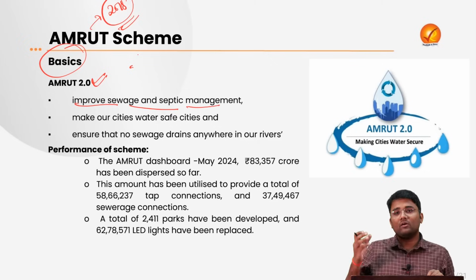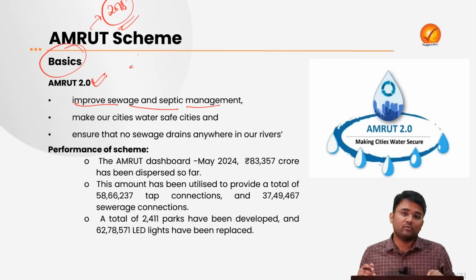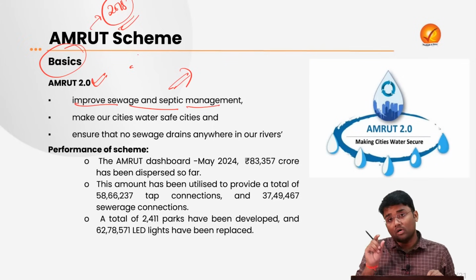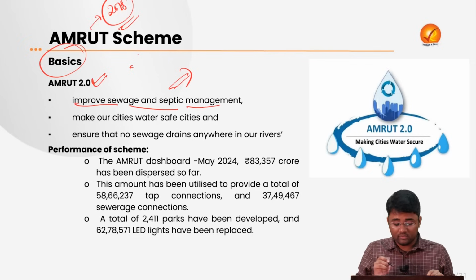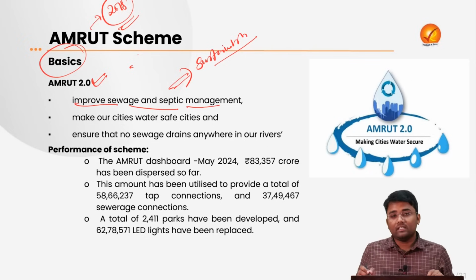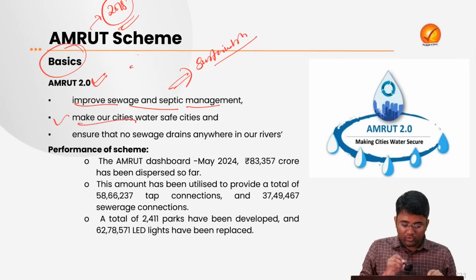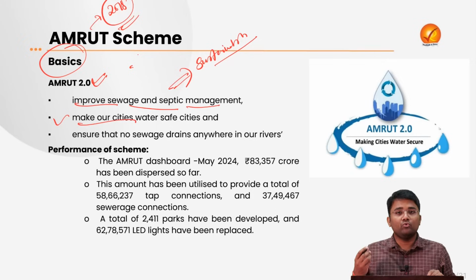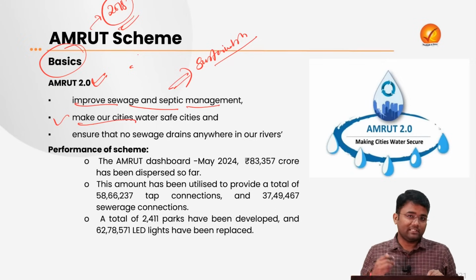Earlier, providing connections was the main aim, but now it is to improve sewage and septic management, which means the disposal of sewage and septic waste is done sustainably, and the focus is on moving towards water safe cities, which means people do not face a water crisis, people do not face a crisis related to potable water in the different cities of India.